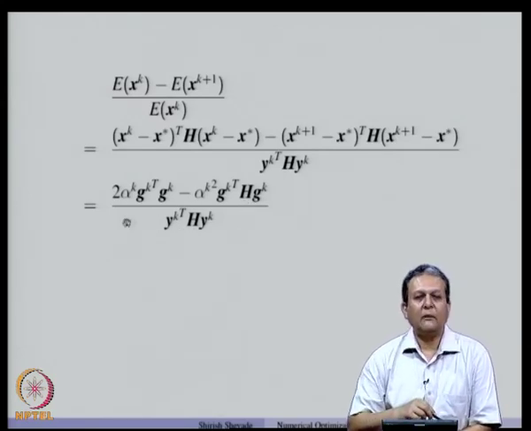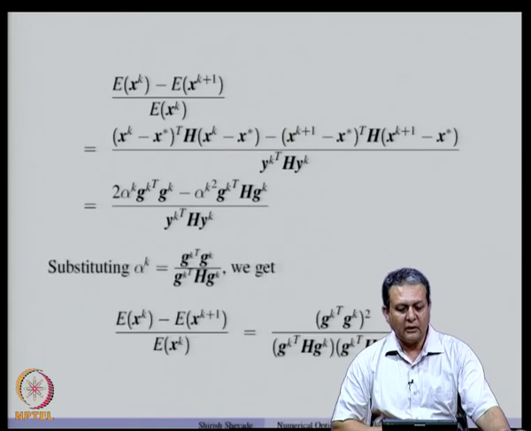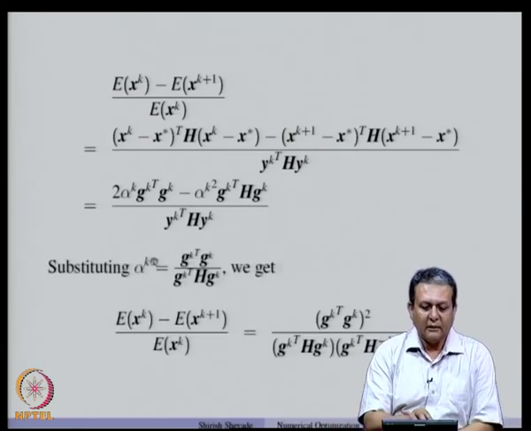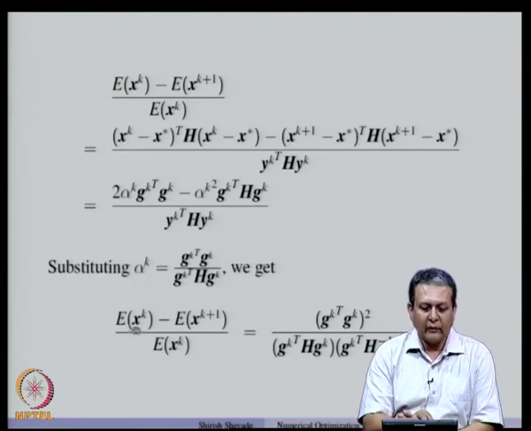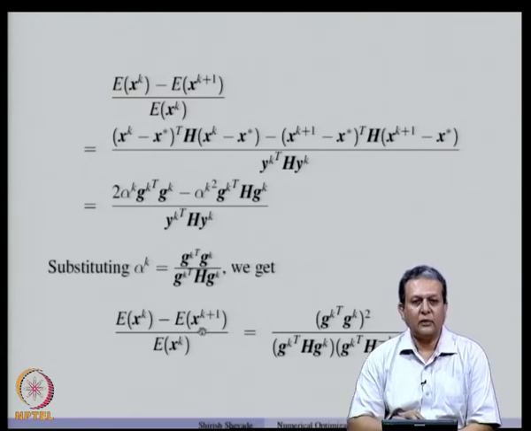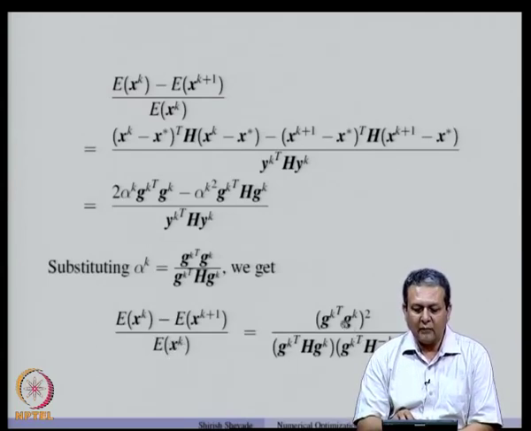And now, we can plug in the value of alpha_k that we have already found for this quadratic function. If we plug in this value of alpha_k, what we get is (E(x_k) minus E(x_{k+1})) divided by E(x_k), which is the relative decrease in E, and it is nothing but this quantity.